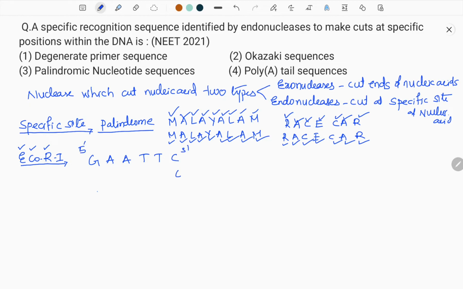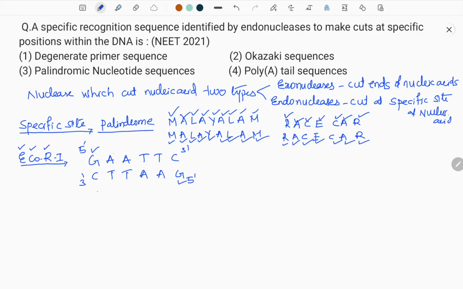Now let's write the same on the other strand, GAATTC. See, I am writing this on the DNA of two strands. One polarity is 5 to 3, the other is 3 to 5. Now you check whether it is a palindrome or not.